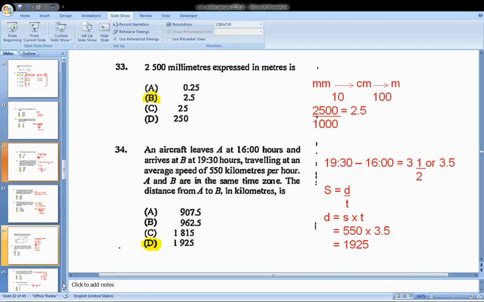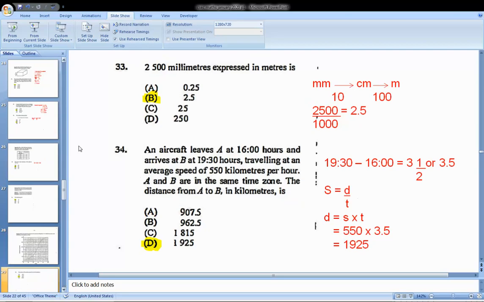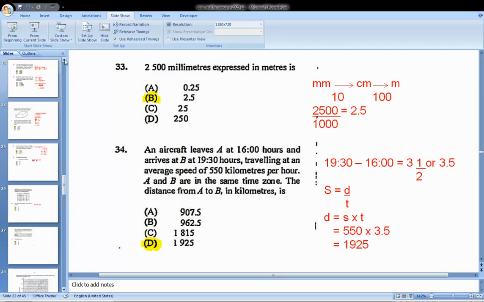Let's move on to number 33. Number 33 says, 2,500 millimeters expressed in meters is... So we know we have to do a conversion. First, we convert from millimeters to centimeters, and 10 millimeters make 1 centimeter, and then 100 centimeters make 1 meter.